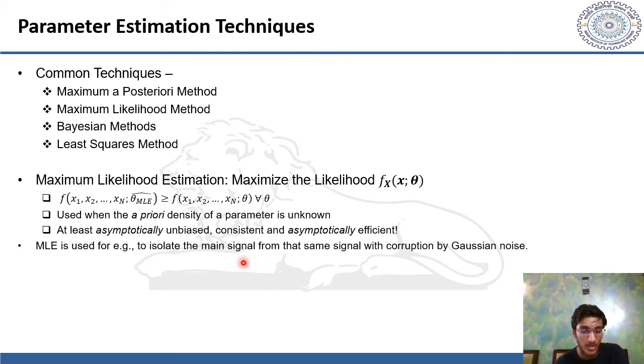This discrete time random process is denoted by x of n and it is corrupted by Gaussian noise, say g of n, and this gives rise to the real signal which we actually observe, which is again another discrete time random process, say y of n. The goal over here is to isolate x of n from y of n, and maximum likelihood estimation would ensure that when theta cap operates on y of n, it generates x of n.